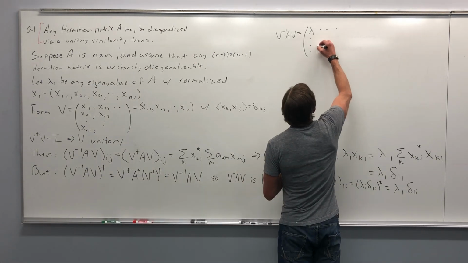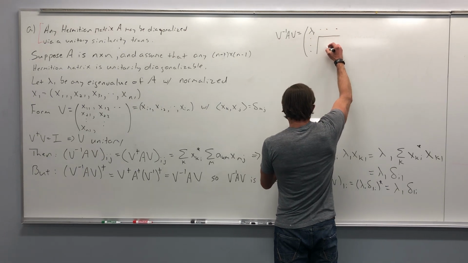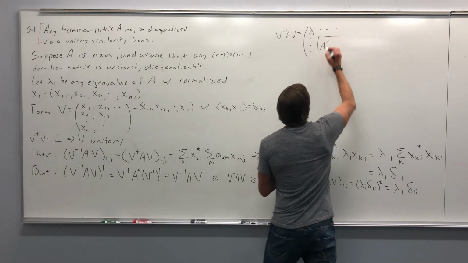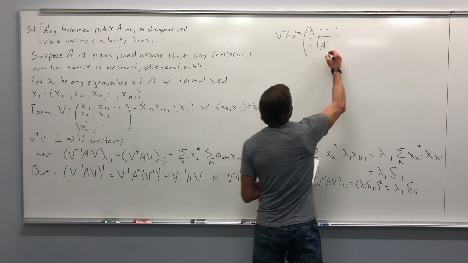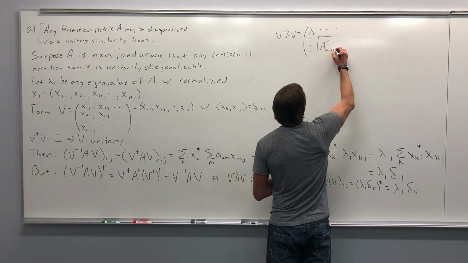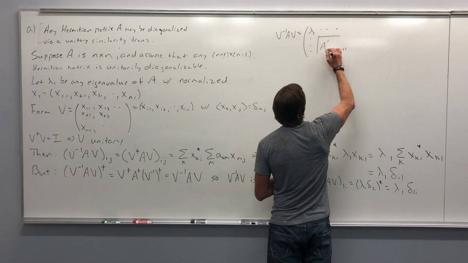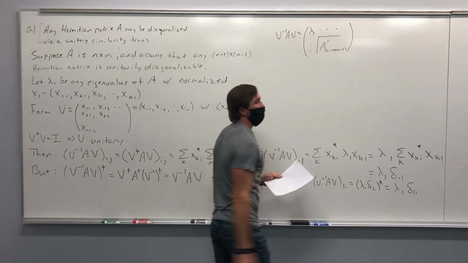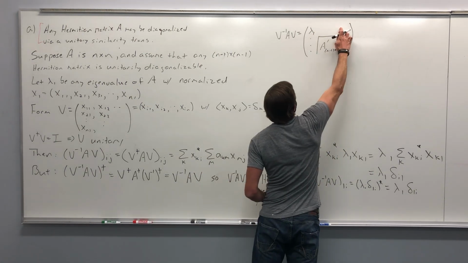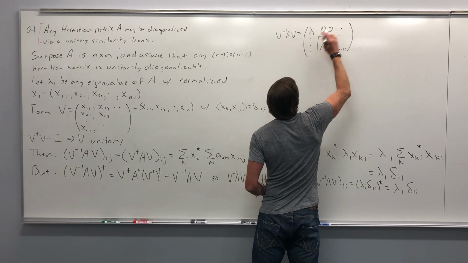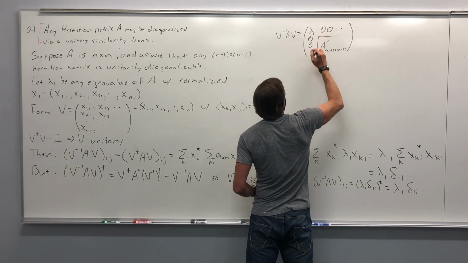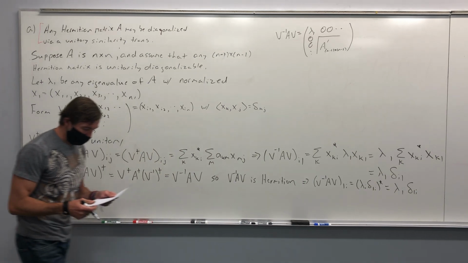And then what we can say is that the rest of the matrix is some A prime matrix, which is an n minus 1 times n minus 1. Okay, I should draw zeros here to encourage people. Those are in fact zeros.